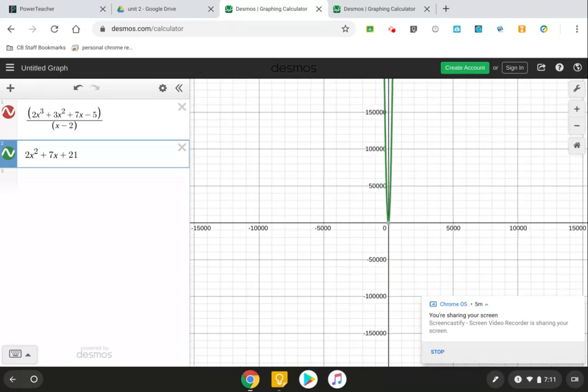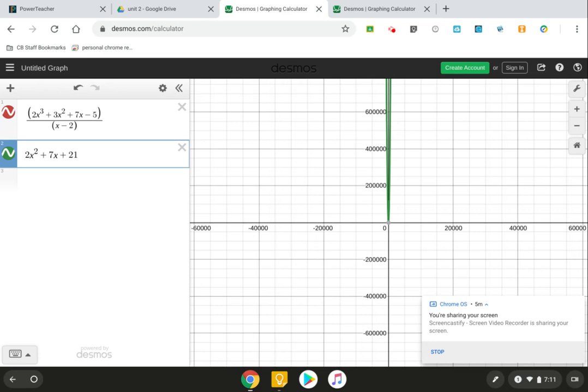The more I zoom out, I can't tell the difference between the red graph and the green graph because I've zoomed out so much. They look so similar. That is what end behavior is. That is what it looks like visually.